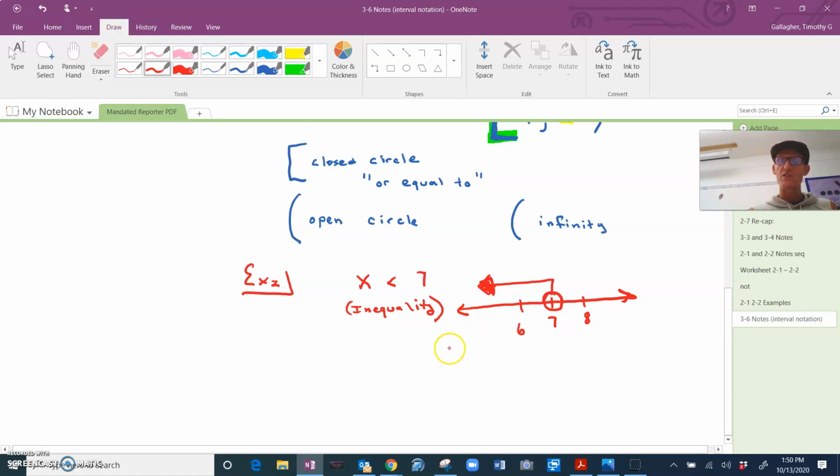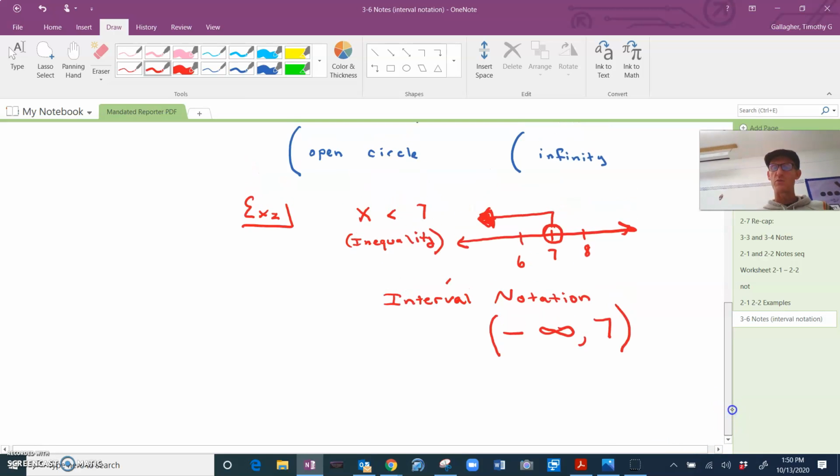So this interval notation is written a little bit different. Interval notation for this problem would be parentheses, negative infinity, oops, sideways 8, comma, and 7 would go here, but it's open circle, so it's parentheses.